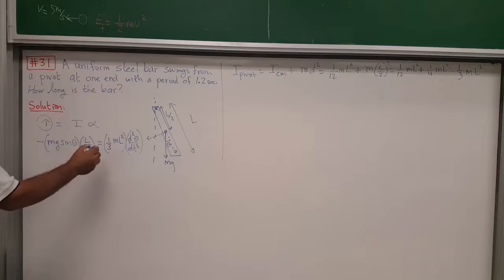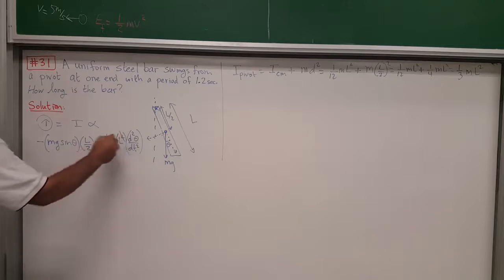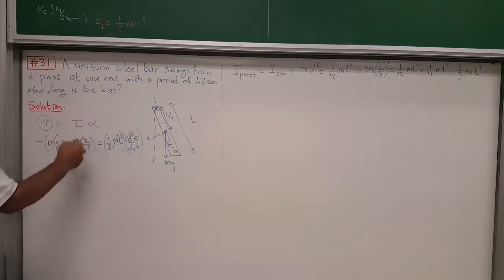What we have done is, let's cancel the mass and this L. And so you get negative, multiplied by 3, so you have 3 over 2 from here, and then G divided by L. So I have G over L.